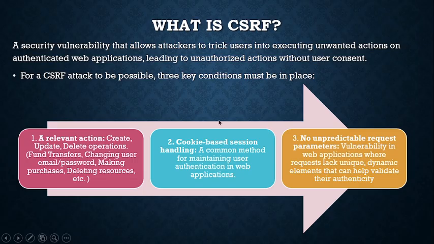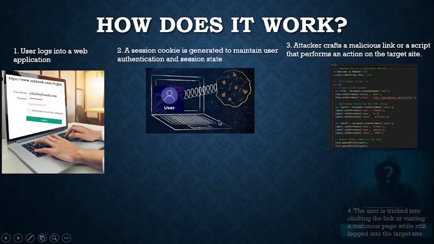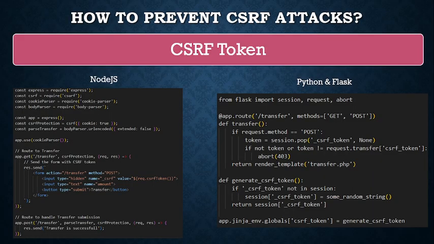And now let's go to the final part of our tutorial, which is the most important: how to prevent this kind of attack. So first of all, we can create a CSRF token. Let's say you have some Node.js script. Here we install the npm dependencies.